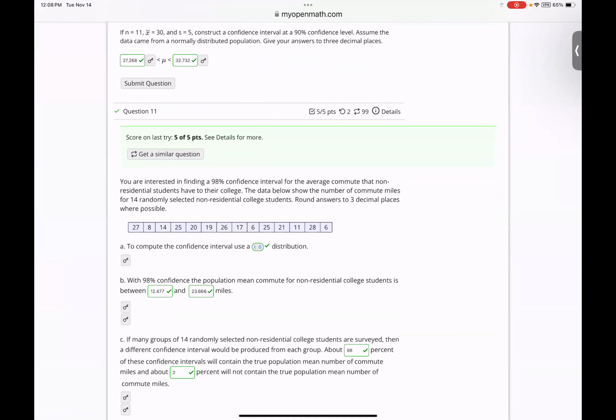The data below show the number of commute miles for 14 randomly selected non-residential college students. Round answers to 3 decimal places. So I'm going to go put this information in my calculator, and you do see that this is going to be a t-distribution because nowhere in here do they give me a sigma. So we're going to use a t-distribution.